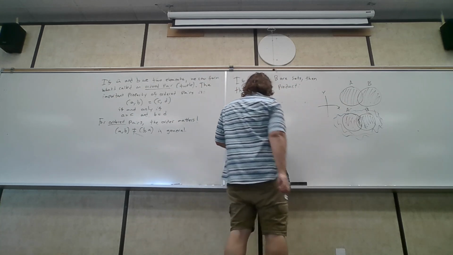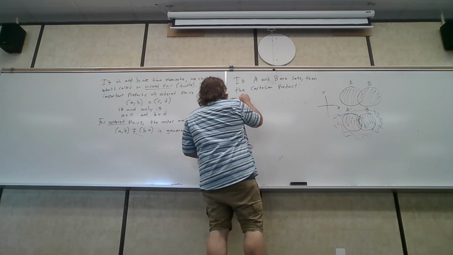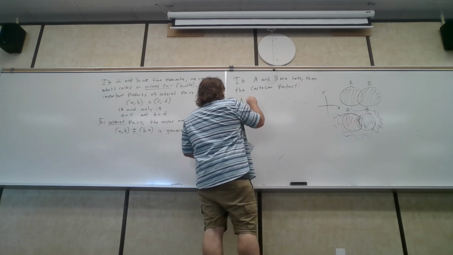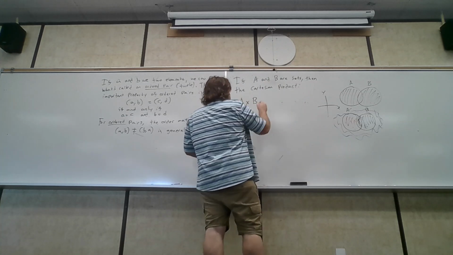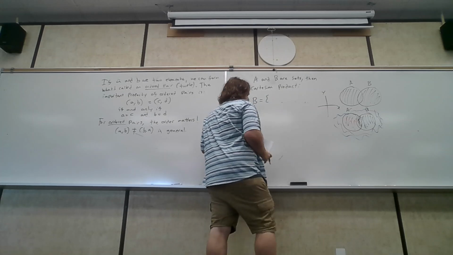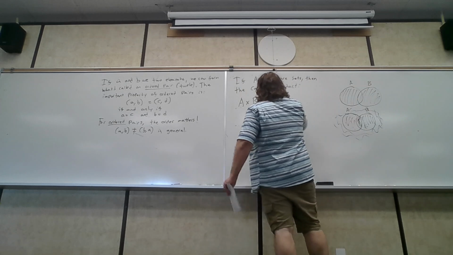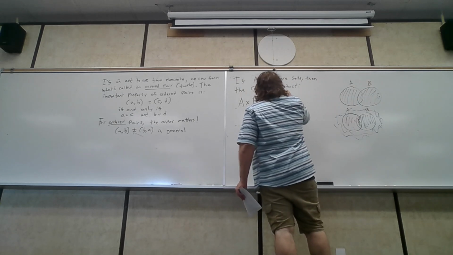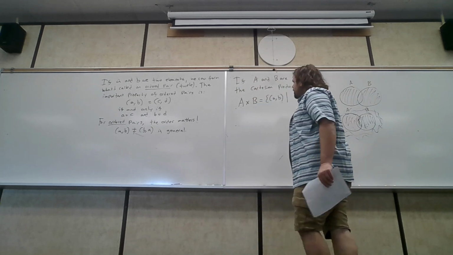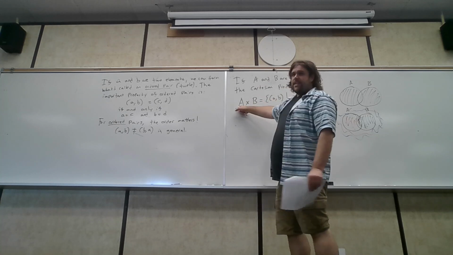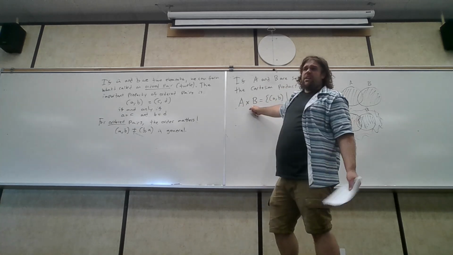So this is a similar idea. The notation is A × B, A times B. And what does that set look like? Well, it's all the ordered pairs (a, b), where the first element is in A and the second element is in B.